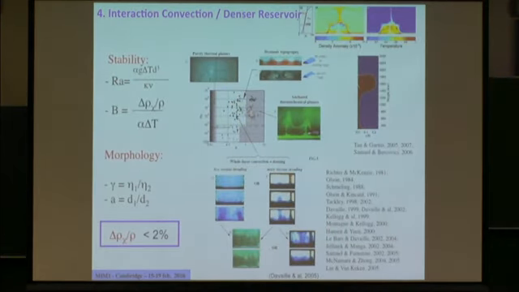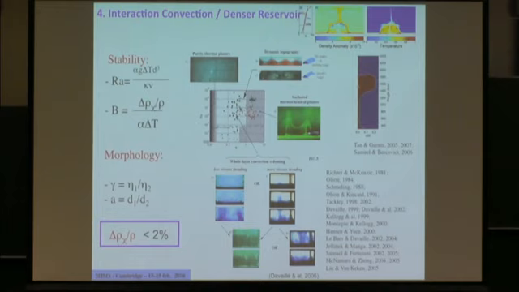But there are two good news. The first good news is that, as I told you, there have been a lot of experimental and numerical work, and they're all plotting in the same regime diagram. So everybody agrees that for buoyancy ratio greater than 1, you're really in the stratified regime, so you're just going to have entrainment at the interface.